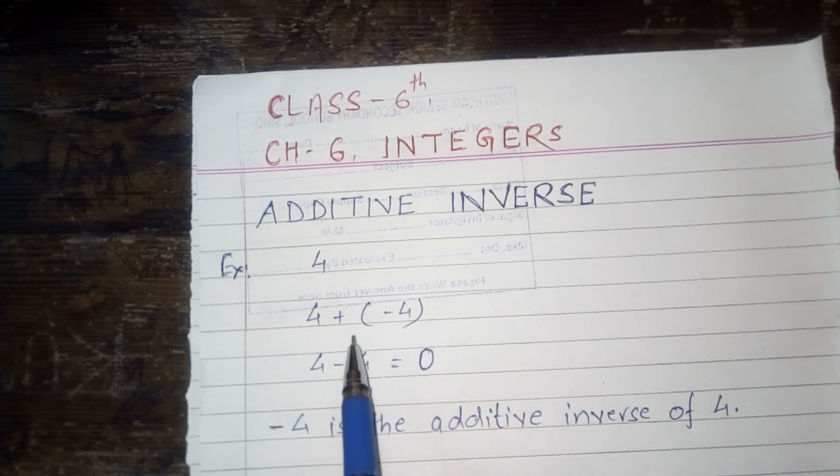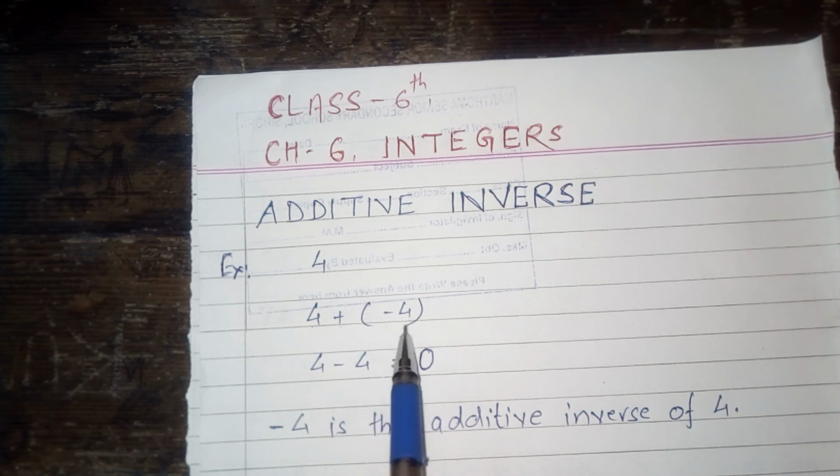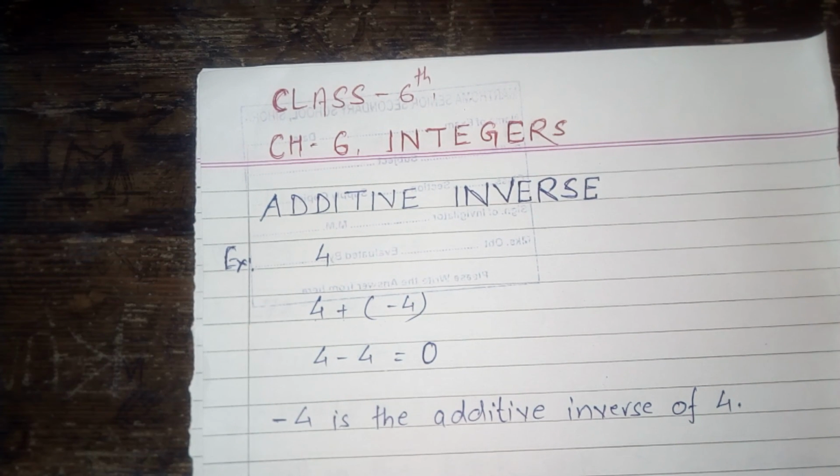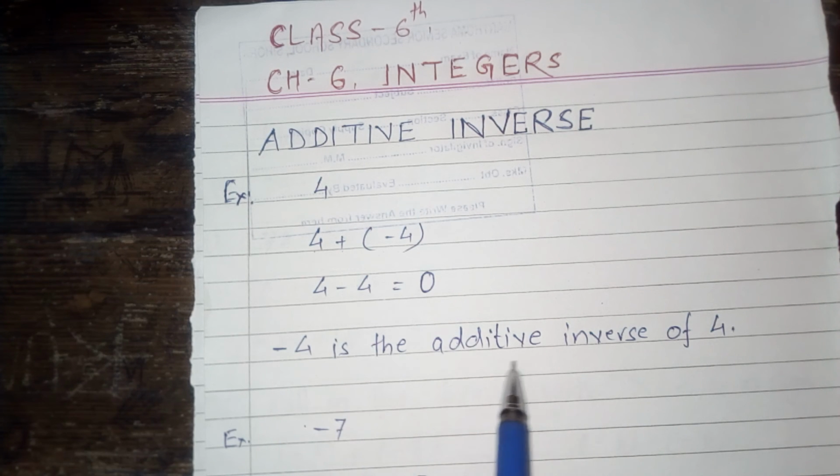So the given number is 4, plus which number? Minus 4. 4 plus minus 4 is equal to 0. The meaning is minus 4 is the additive inverse of 4.